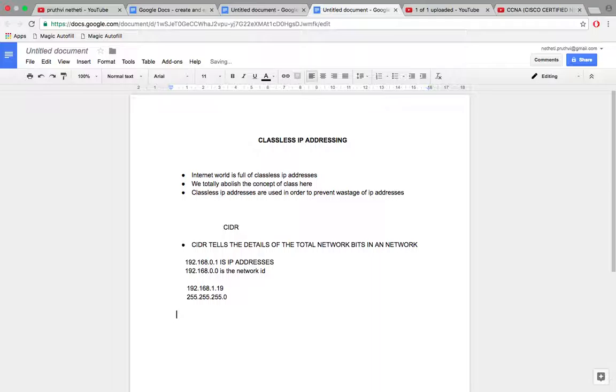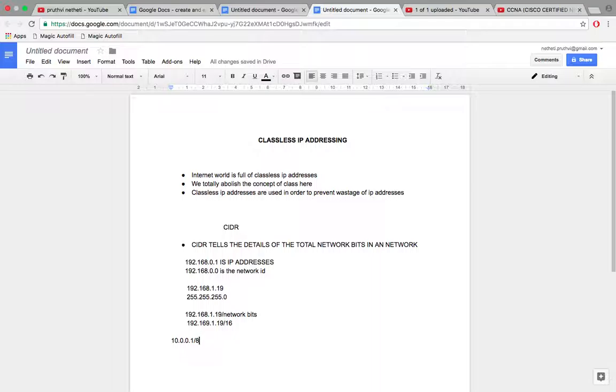So this network can be written in CIDR notation as 192.168.1.19 slash the number of network bits, which finally becomes 192.168.1.19/24, where 24 is the number of network bits. In the same way, let's take 10.0.0.0/8.